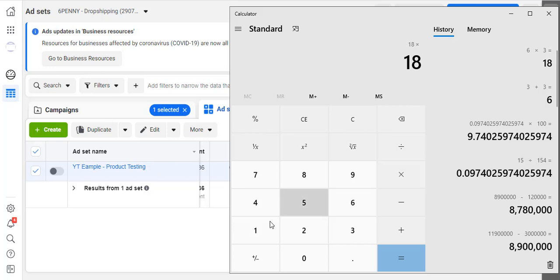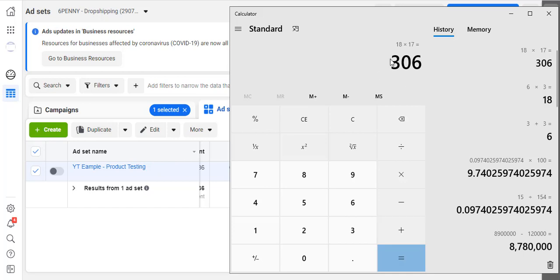Let's now convert it to South African rands. 306, depending on what you say the rate is. I said it's about 17. Maybe if I said 16, it would have landed close to 300. So let's use 306. First of all, I buy it for $3 and I send it to the customer for $3.